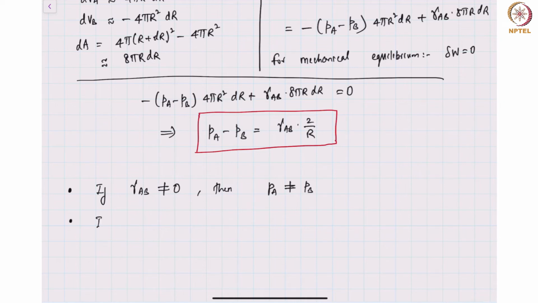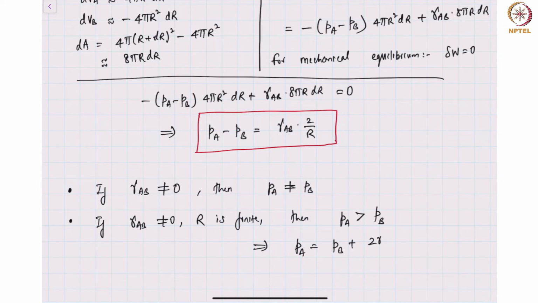observation is if gamma AB is not equal to 0, R is finite, then PA is greater than PB. And more specifically, I can write PA is PB plus 2 gamma AB by R. Okay.